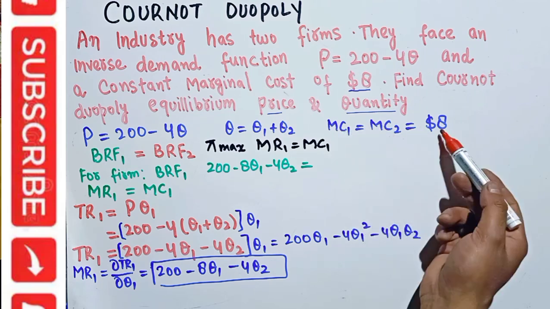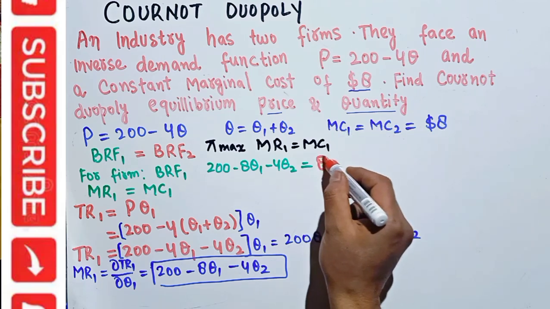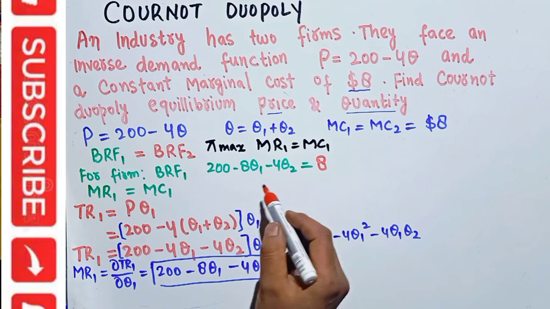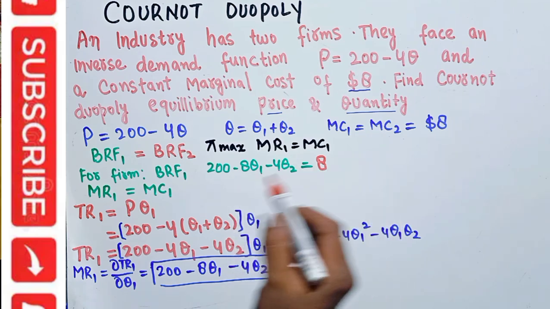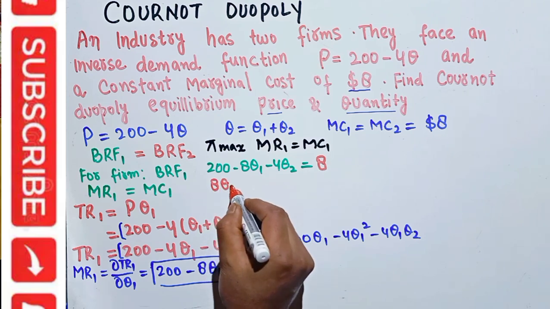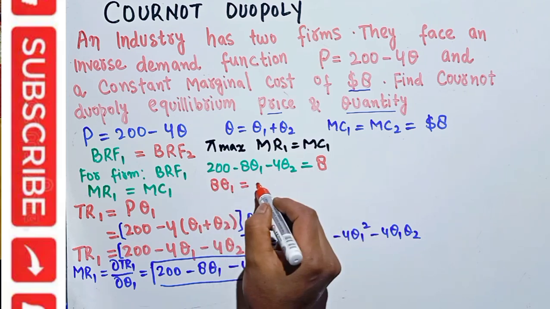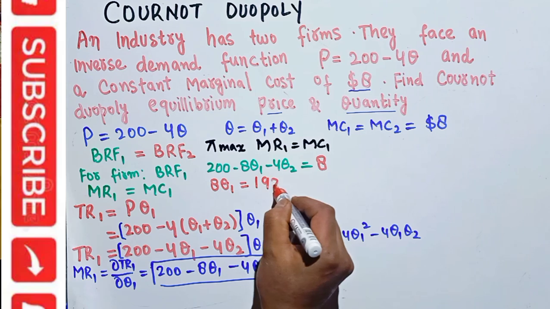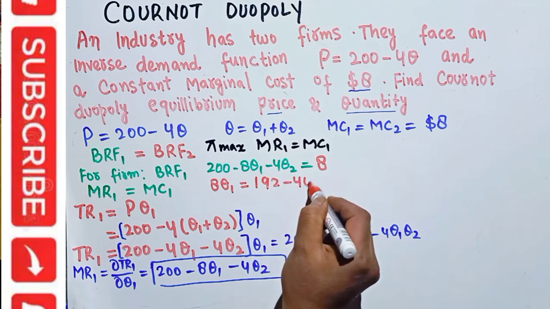That is equal to $8, and let's write it here, 8. Solving for Q1, if I transpose this, it will become 8Q1 is equal to 200 minus 8, which is 192, minus 4Q2.